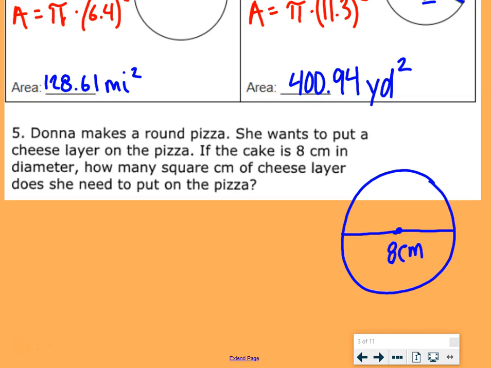However, if we want to know how many square centimeters, or in other words, the area of cheese layer that she needs to put on the pizza, if we think about our area formula, area equals pi times r squared, we need our radius. Radius would be half of our diameter, so our radius would just be half of 8, which is 4 centimeters.